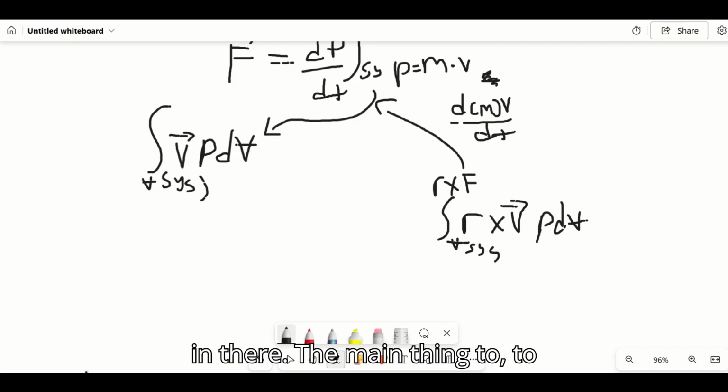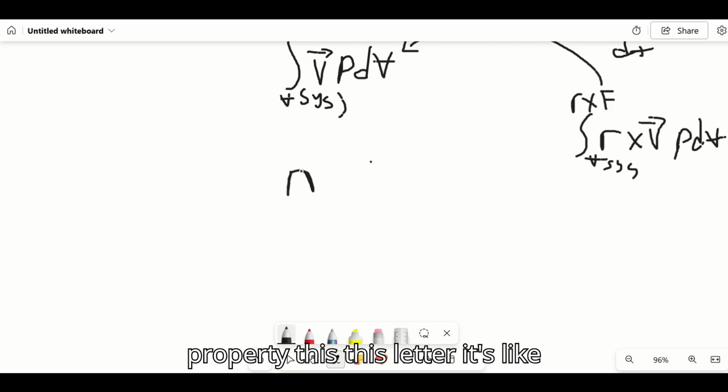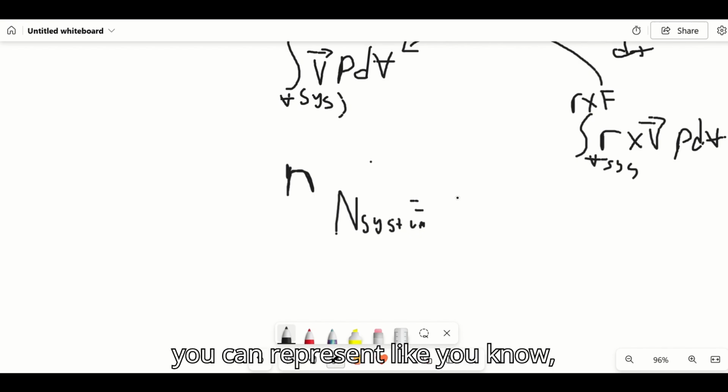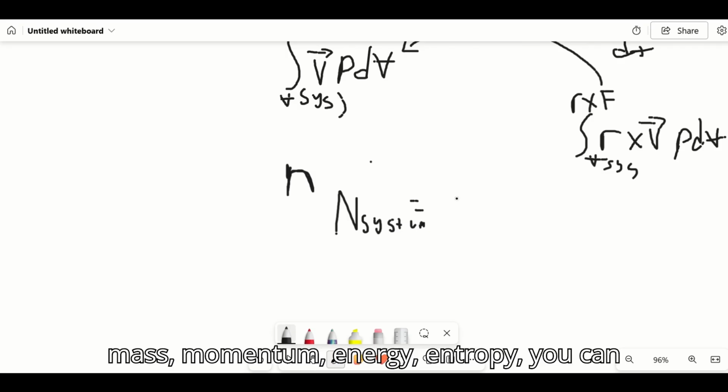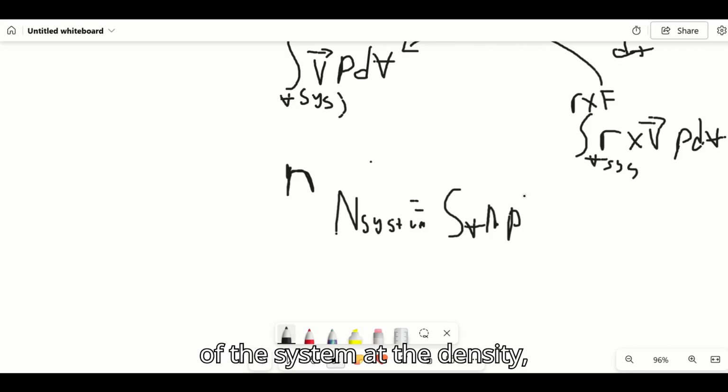The main thing to note is that we're going to give any arbitrary property this letter, it's like a little n looking thing. So if we have this property for a system, n can represent mass, momentum, energy, entropy, and you can have that equal to the integral over the control volume, or the volume of the system, of n times density dV.